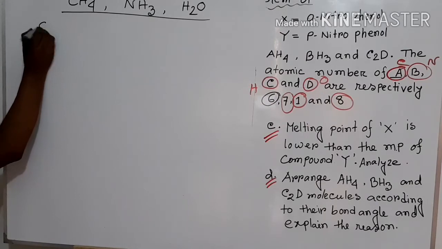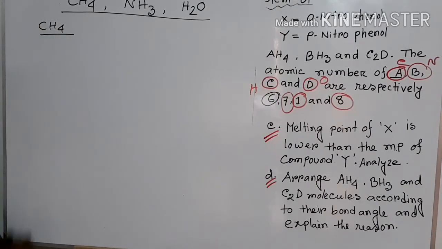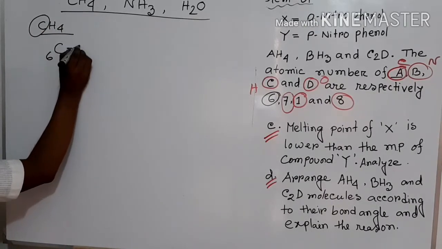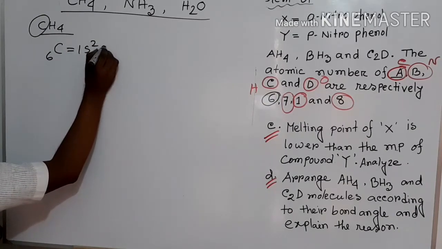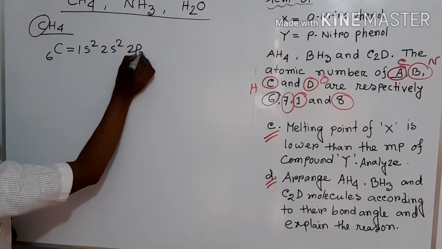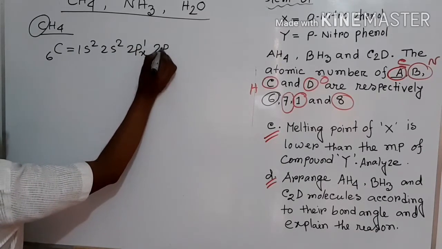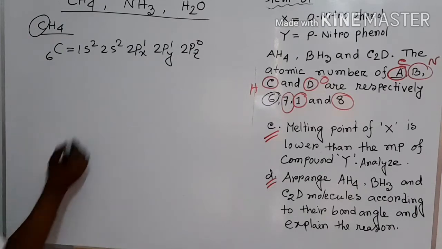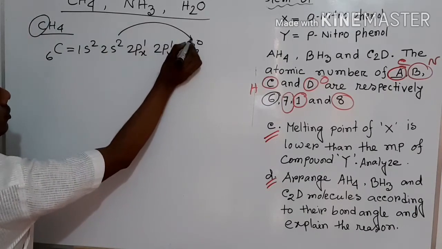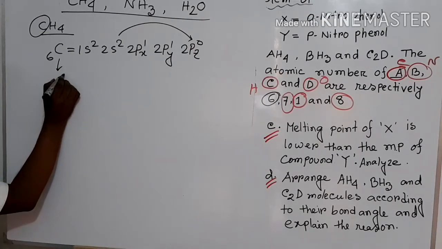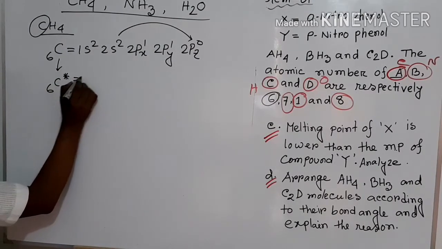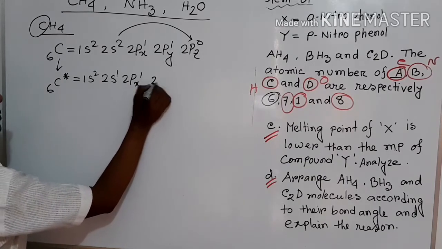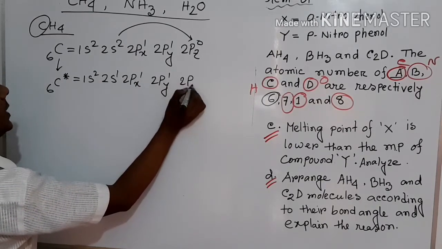At first, CH4. Here the central atom is carbon, atomic number 6, with electronic configuration 1s2, 2s2, 2px1, 2py1, 2pz0. In the excited state, one electron shifts to the 2pz orbital: 1s2, 2s1, 2px1, 2py1, 2pz1.